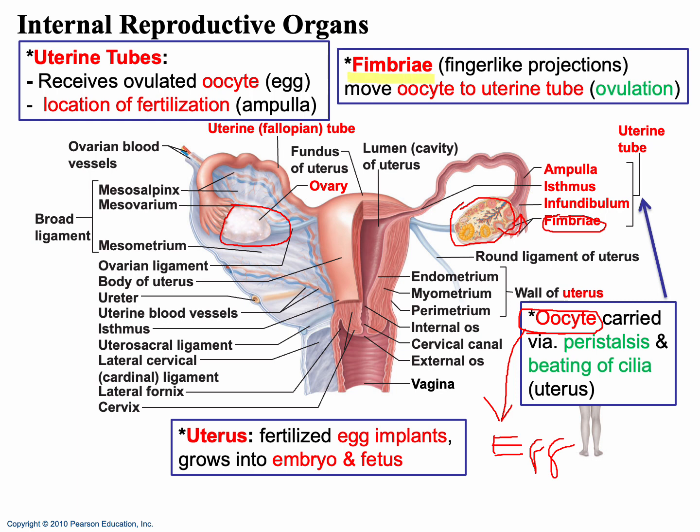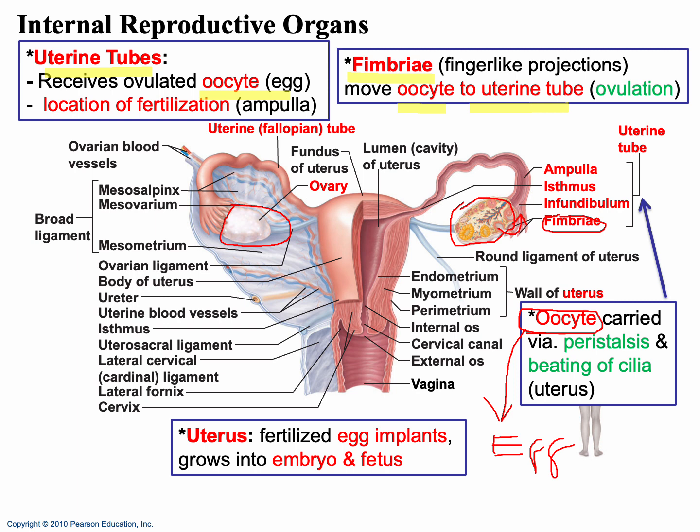The fimbriae are finger-like projections that kind of hold on to the ovary and will be important for movement of the egg, the oocyte, eventually down the uterine tube or the fallopian tube. So the uterine tube ultimately is going to receive that oocyte, that egg, and slowly but surely the oocyte will travel down the uterine tube.